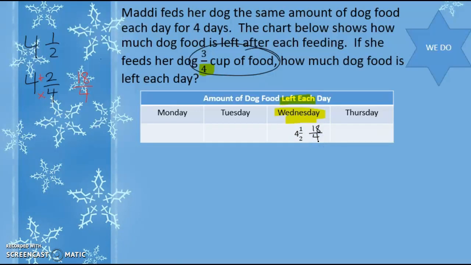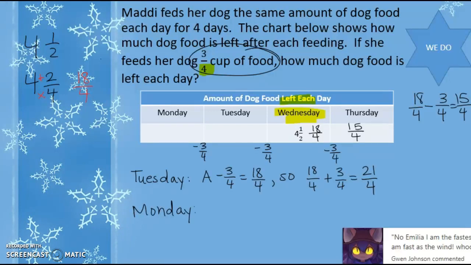Now, all we have to do is work our way through. I'm going to pause the video and let's see if you can figure out what we should do for Tuesday and Monday and then for Thursday. Okay, take a look. I've done Thursday and I also did Tuesday, but I haven't done Monday yet. Look at the way that I'm thinking, because I've got to use my logical and abstract thinking mind so that I can figure this problem out.